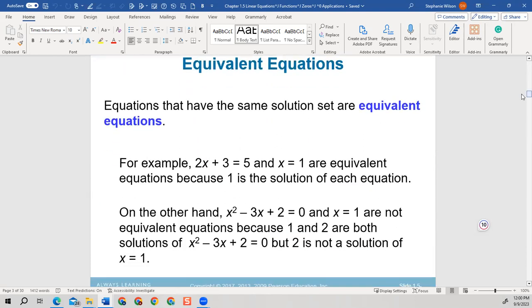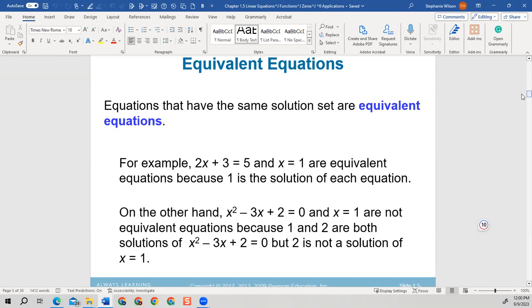Equivalent equations have the same solution set. So what is it saying? For example, 2x plus 3 equals 5 and x equals 1 are equivalent equations because 1 is the solution of each equation.